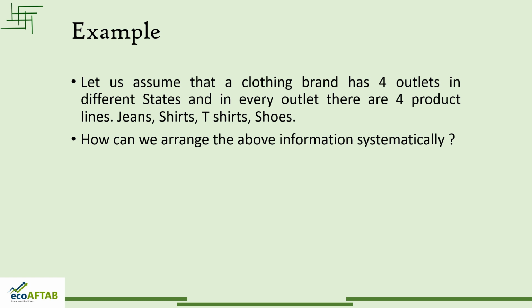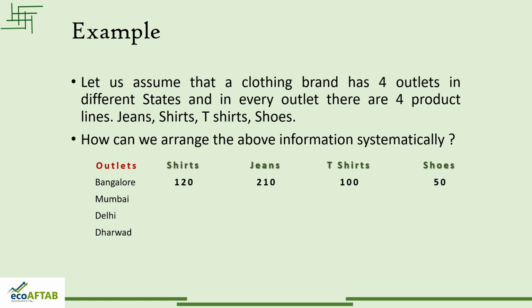The above information we can arrange such as outlets. Here I assumed them to be Bangalore, Mumbai, Delhi and Dharwad, and these are the 4 products of this particular brand. So in Bangalore there are 120 shirts, jeans 210, 100 t-shirts and shoes are 50. Similarly, the numbers are there for Mumbai, Delhi and Dharwad.